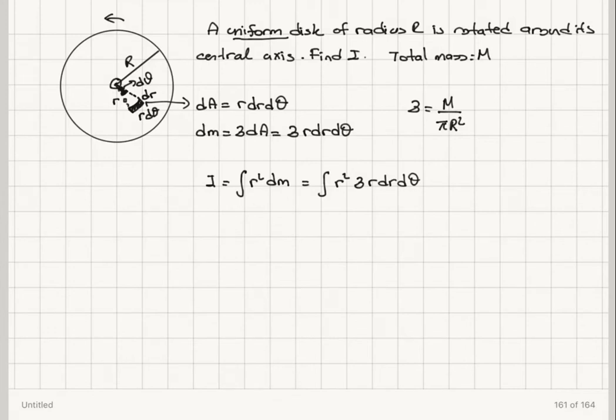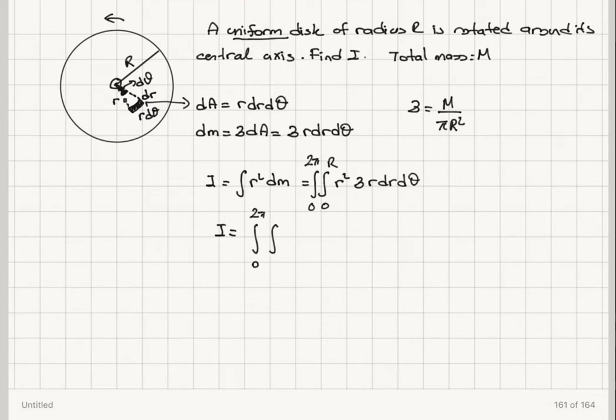And now I realize that because it's a two-dimensional object, this is actually a double integral. In order to cover all such elements, small r has to go from 0 to capital R, and the angle has to span the full range of the disk, so it has to go from 0 to 2 pi.